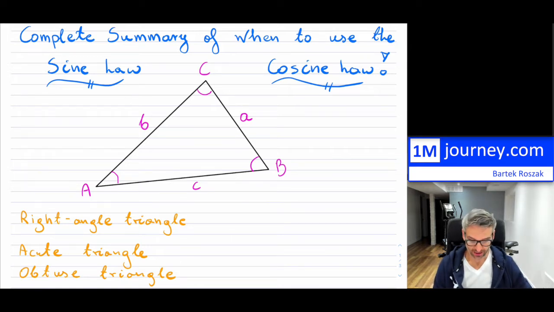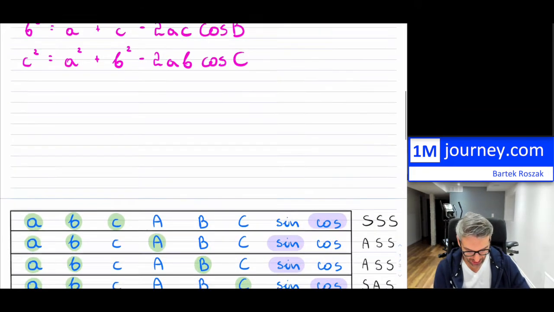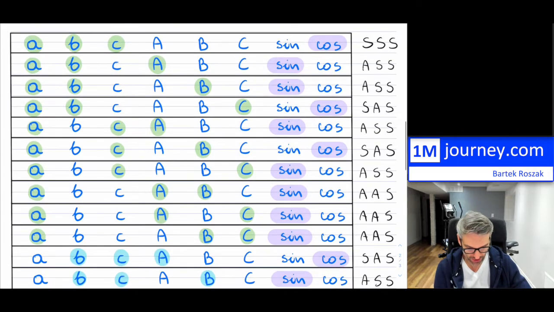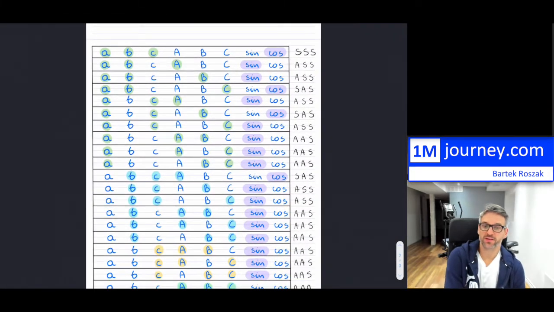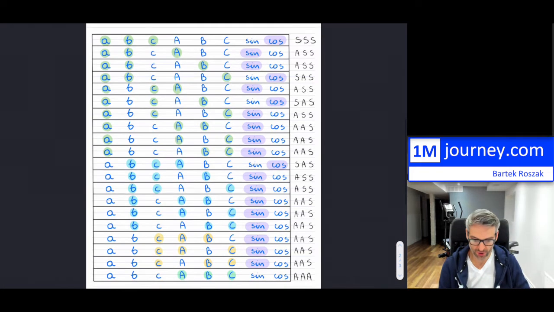Because of those three pieces of information, I've created this huge table, let me zoom out, which shows all the pieces of information that are given to you.